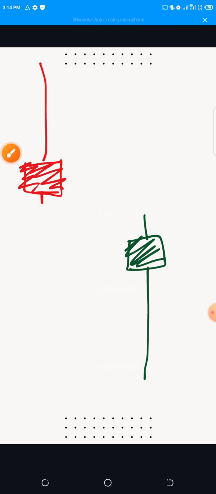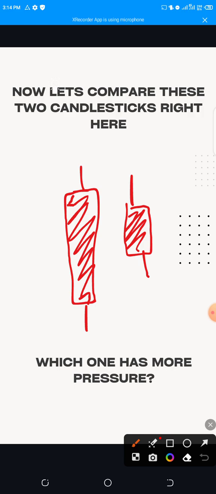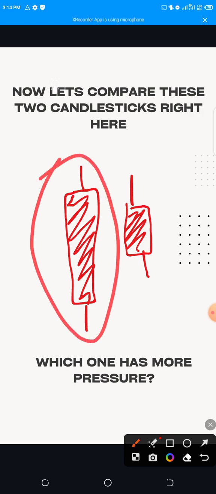So now let us look at these two candlesticks over here. Let us compare these two candlesticks. Which one do you believe has more pressure? Have you picked? Well, if you picked the first one, you are correct.